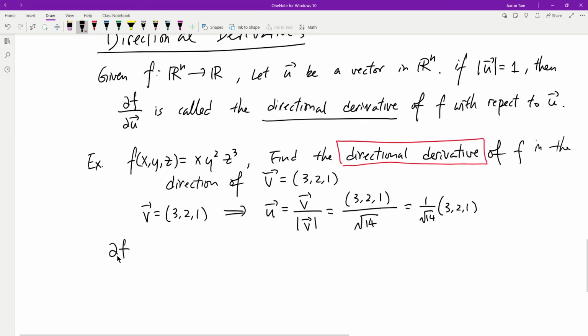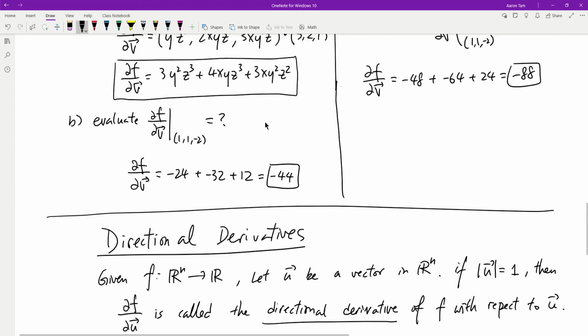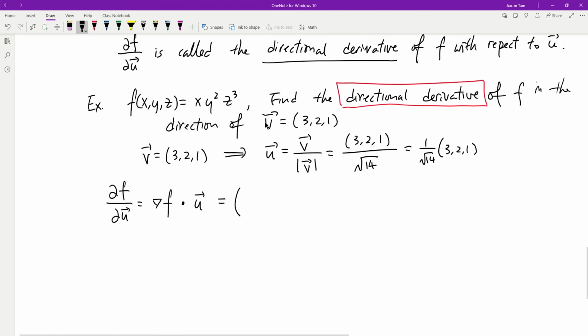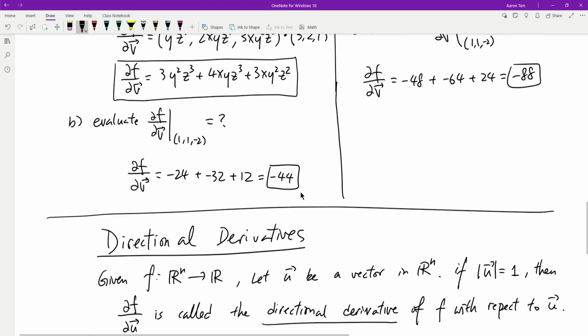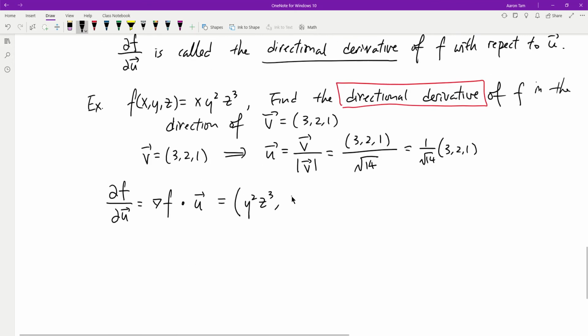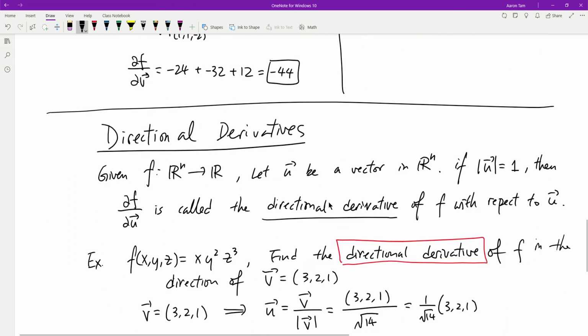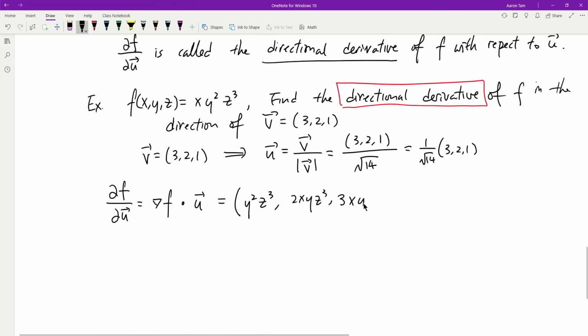My directional derivative df over d vector u is equal to the gradient of f dot product vector u. So in this case, the gradient would basically be what we found before. Y squared z to the third, 2xyz to the third, and 3xy squared z squared, dot product 1 over radical 14 times 3, 2, 1.